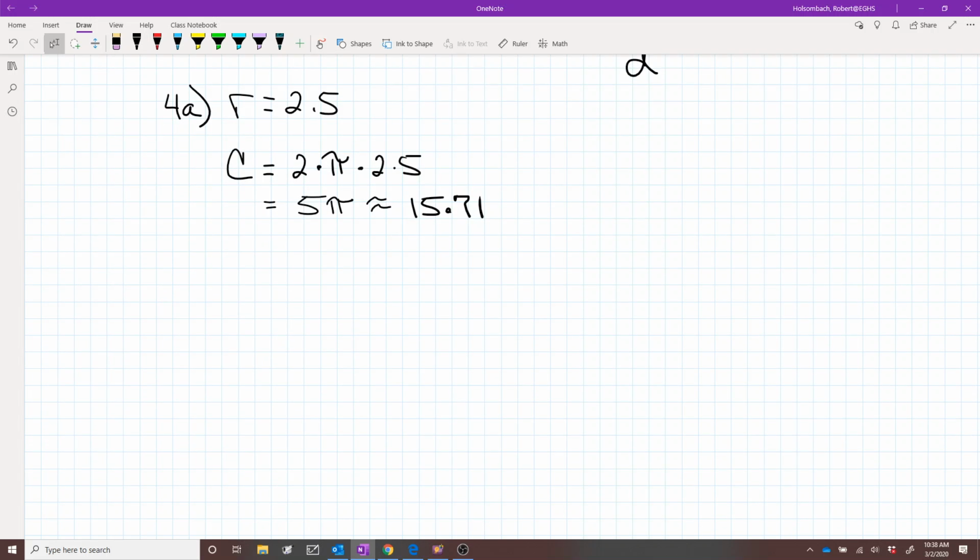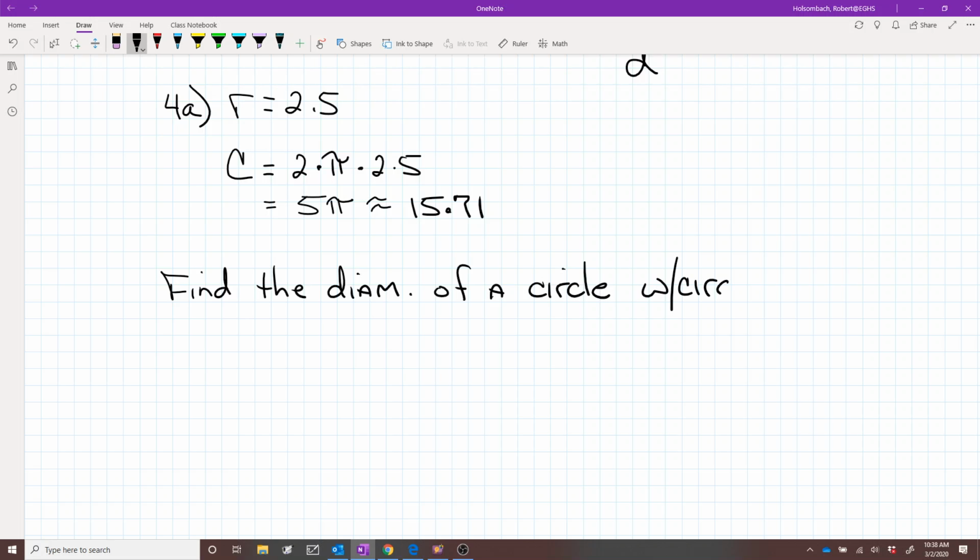Example 5. Find the diameter and radius of a circle with circumference equal to 106.4.